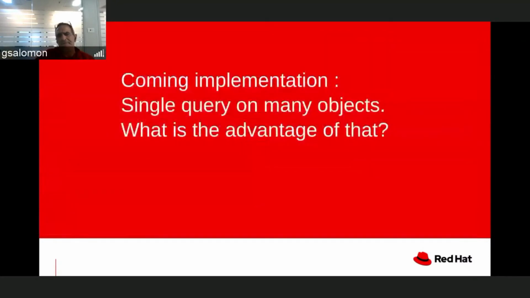Okay, the coming implementation: a single query on many objects. What is the advantage of that? Until now we discussed the processing of a single, huge object. The advantage of processing a huge object using S3select is quite obvious: saving a lot of network and also CPU. But what if you need to run a single query on many small and medium-sized objects?